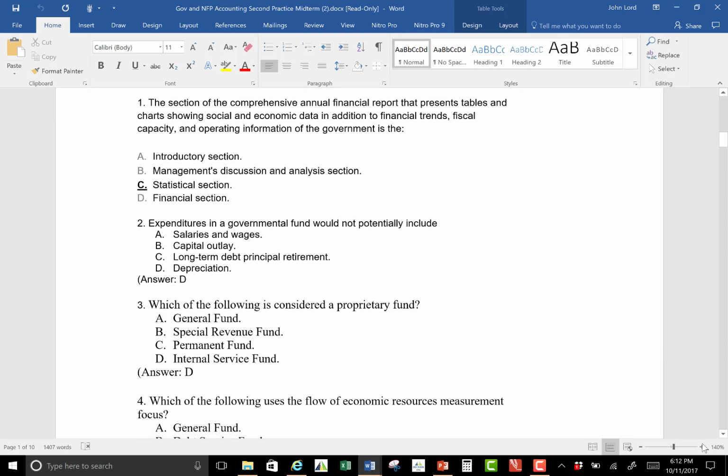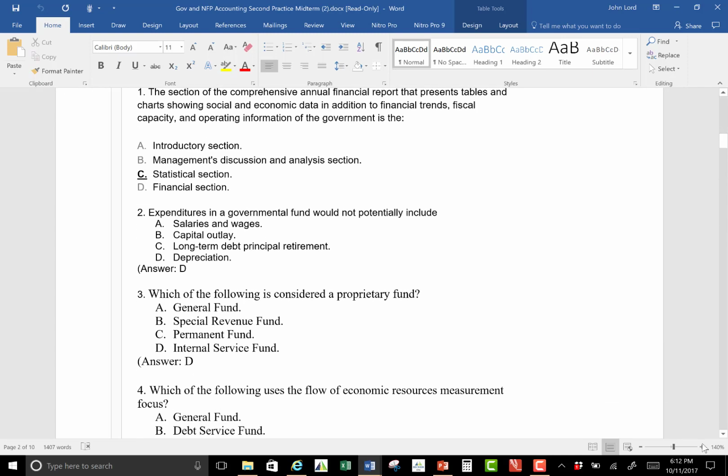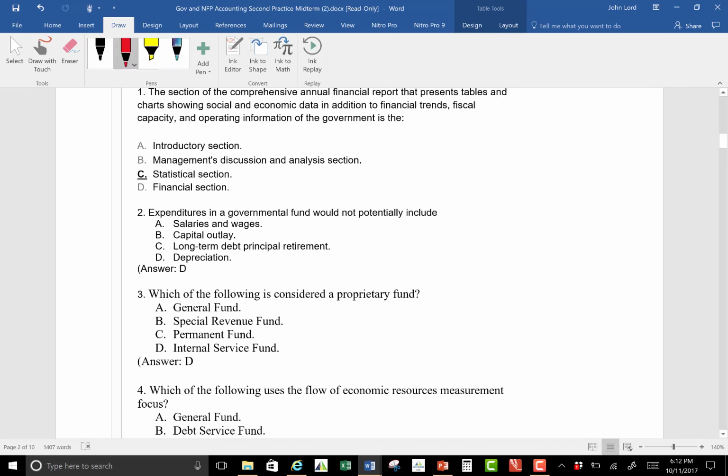Okay, good. Number two, an expenditure of a governmental fund would potentially not include what?